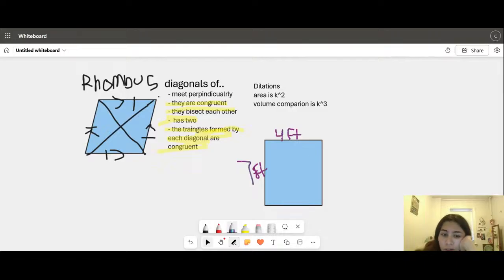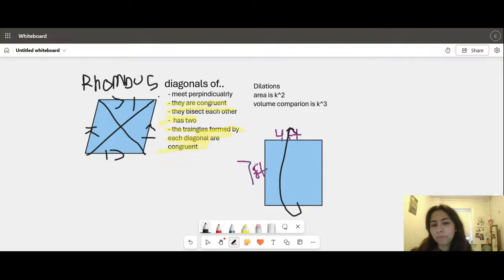Now, I originally thought it was meant like this, and so I was confused about what to say. But I think I'm right actually. 4 feet is its height, 7 feet is its radius.